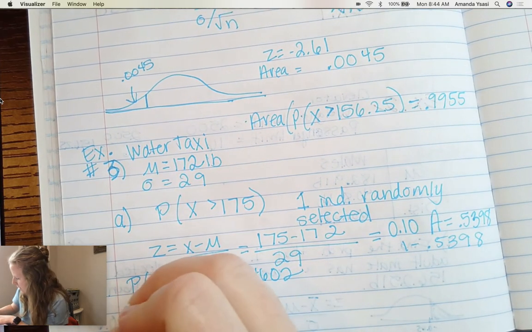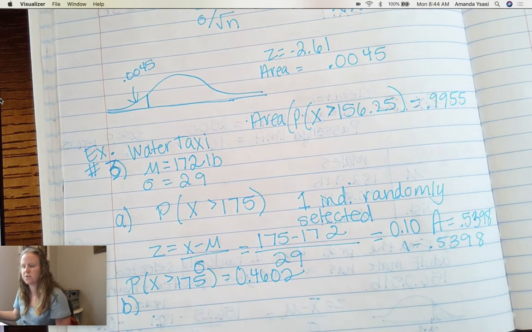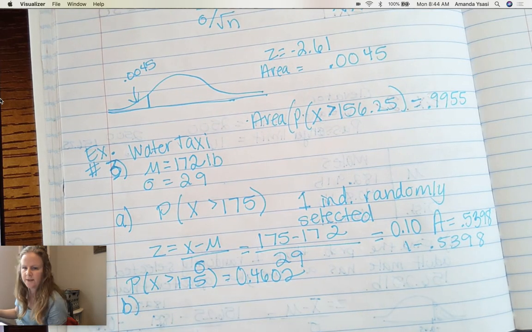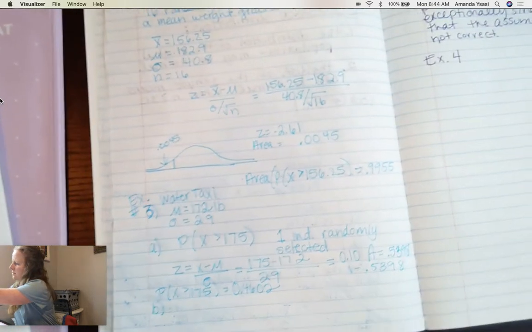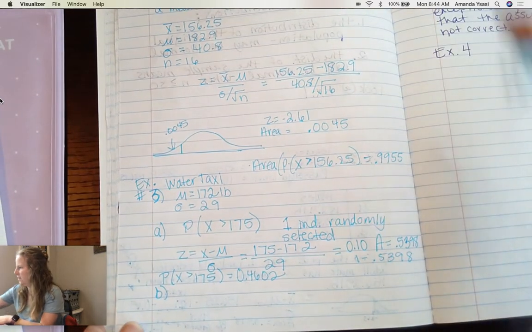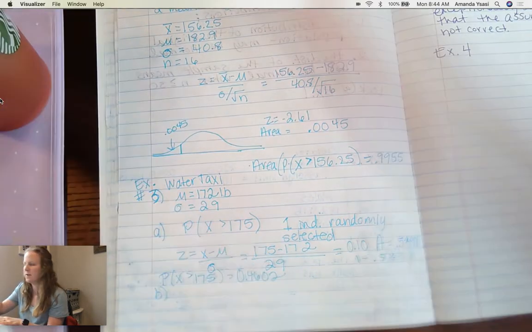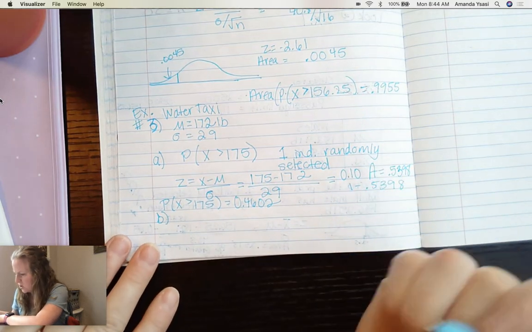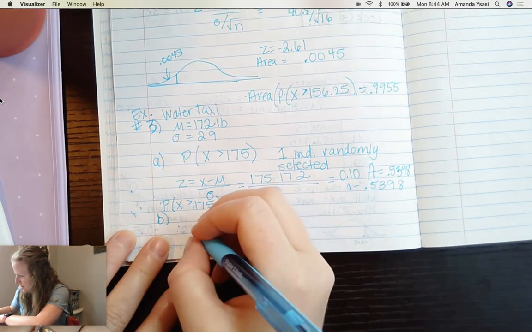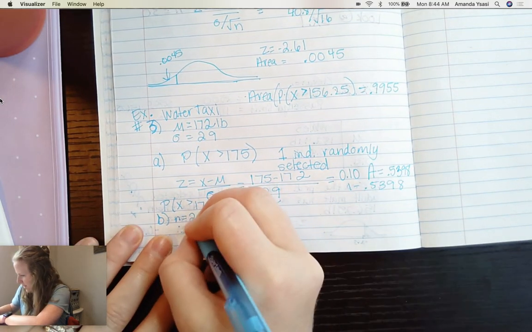Okay, let's look at part B, which we're talking about more than one person selected. I have a little bit of space, so maybe I can make it fit on here. It says find the probability that 20 randomly selected. So we have n is 20.